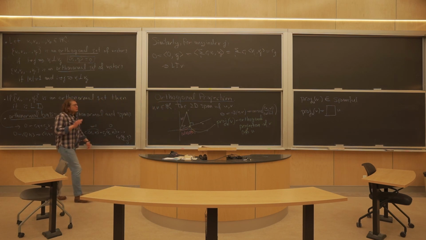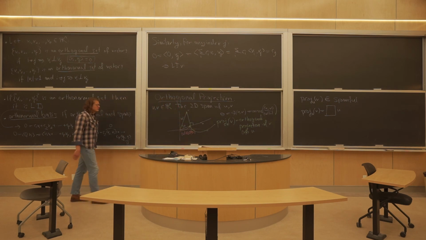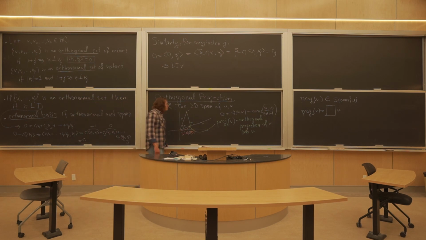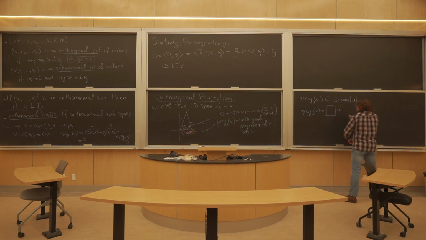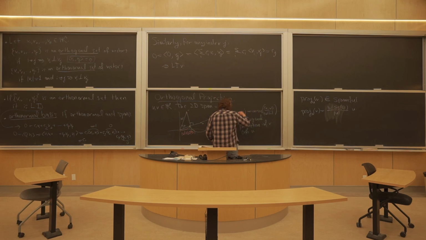The one problem is that perhaps u itself is not unit, so its length is different than 1. So all I need to do is to essentially normalize that vector. And so that gives me this. Let me write it like this: v norm cosine of theta divided by u norm times u. Okay? So now let's recall this. So it's better perhaps to write this the other way around.